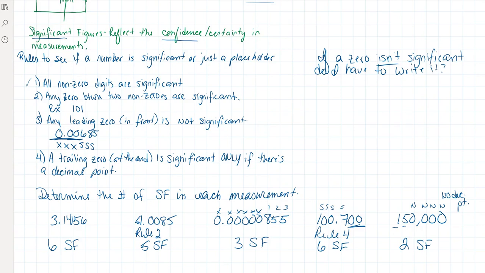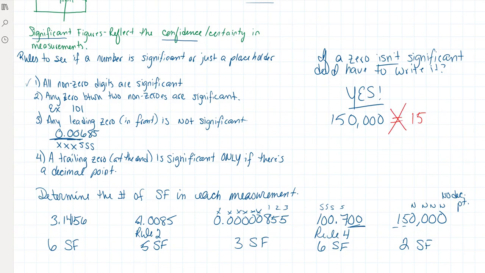And the answer is yes. So in this case, if I were to look at this last example here, my 150,000, and I rewrote this without the zeros, these numbers are no longer the same.